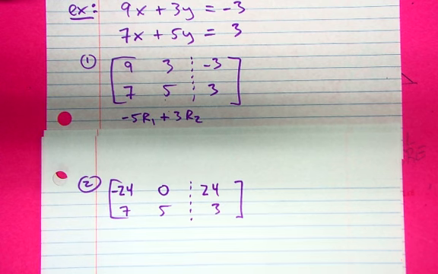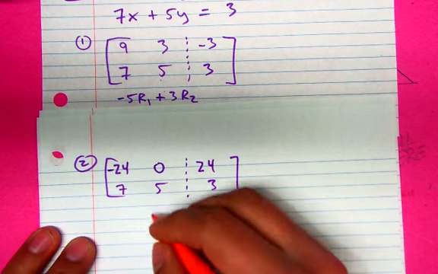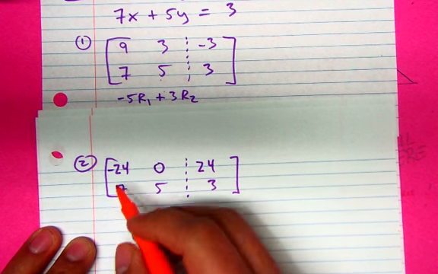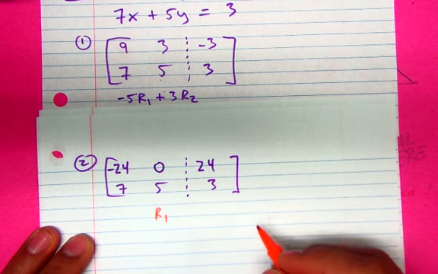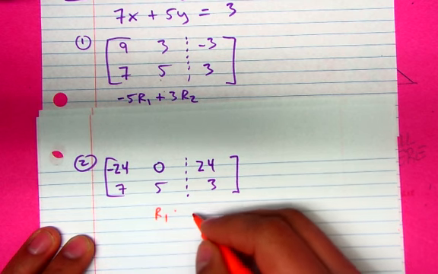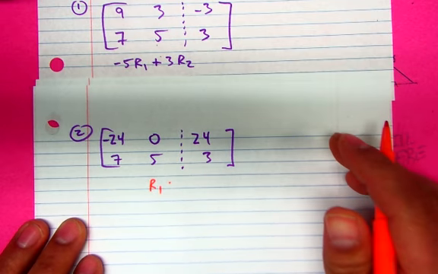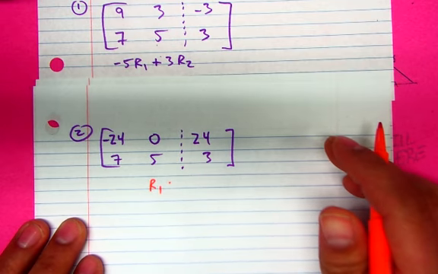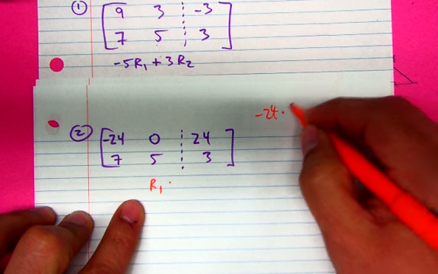Okay? And now, again, the rules are that you can multiply a row by whatever you want, and you can add rows together. I could multiply the first row by what to get this to be exactly 1? Negative 24 times what is going to be exactly 1?